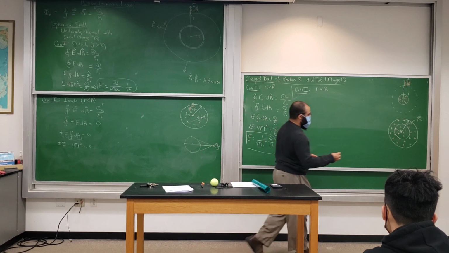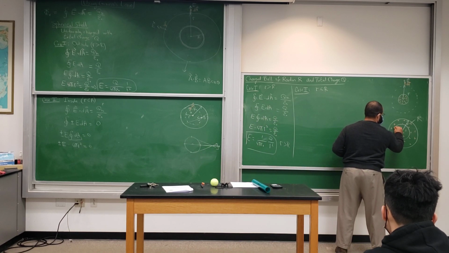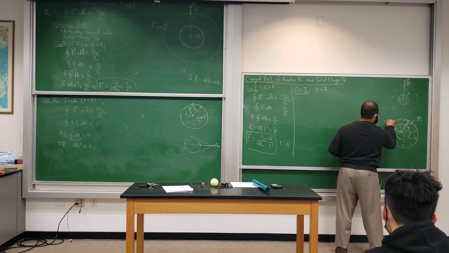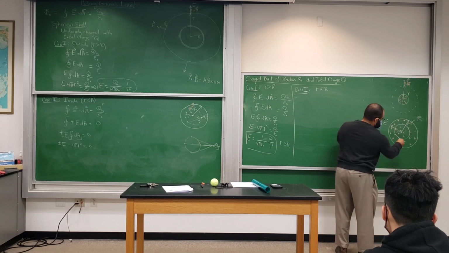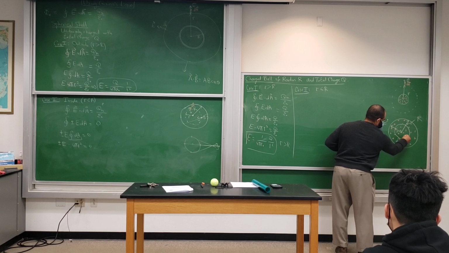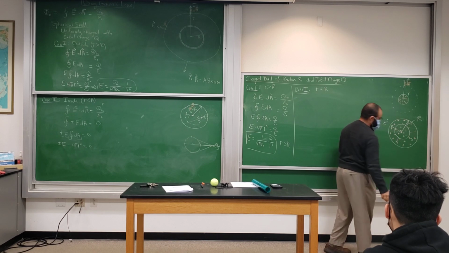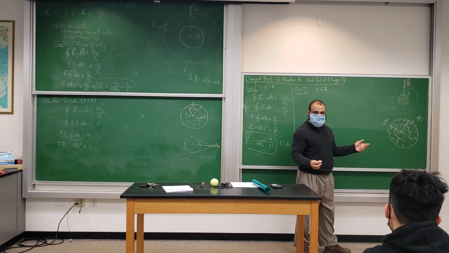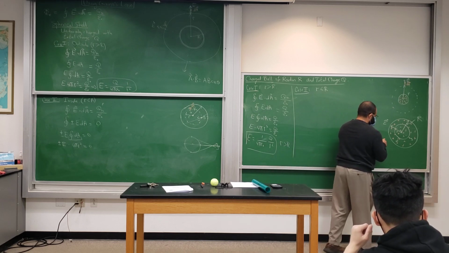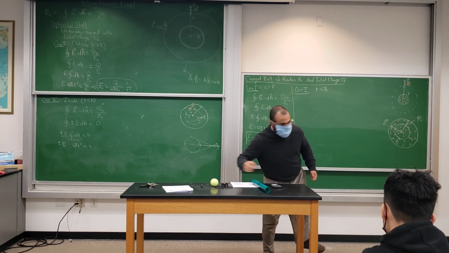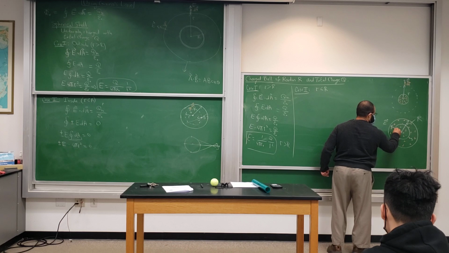It's this way here, and this way here, and that way here, right? That's the electric field. dA, of course, is away from the surface, and dA is this way.